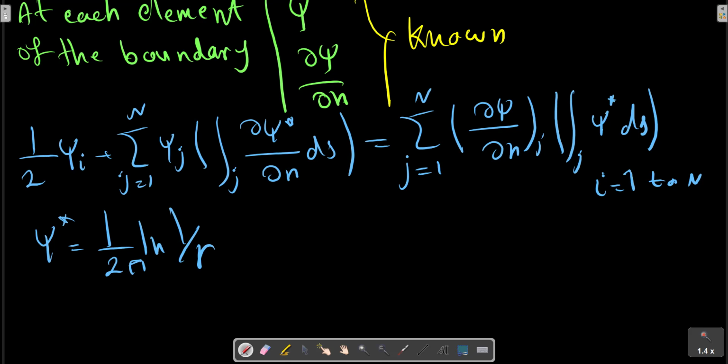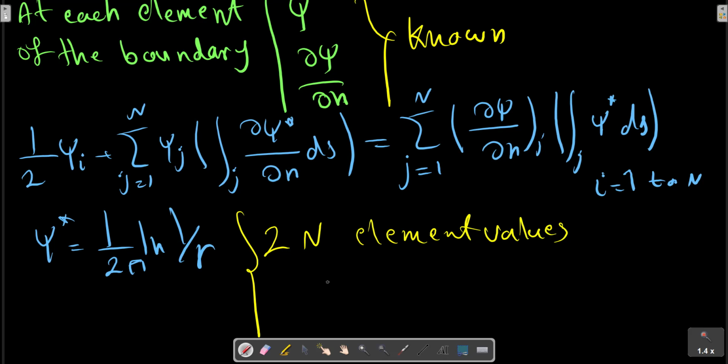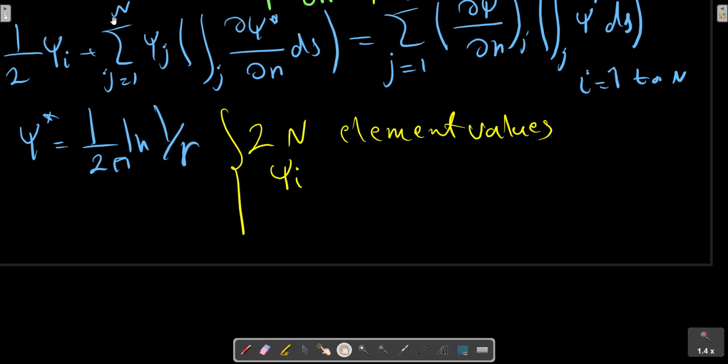These equations contain 2n element values, of which n are known from the given boundary conditions. The remaining n are solved simultaneously.